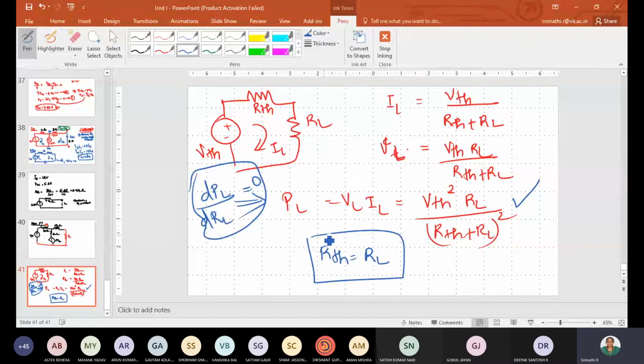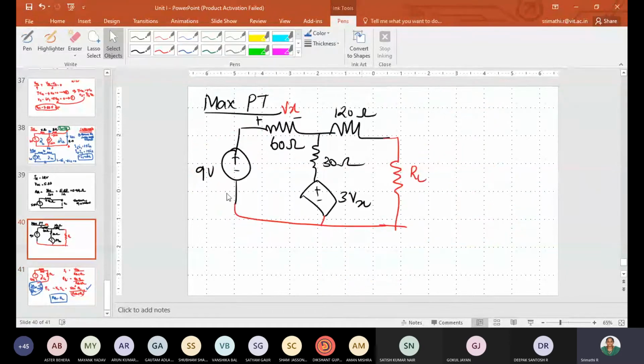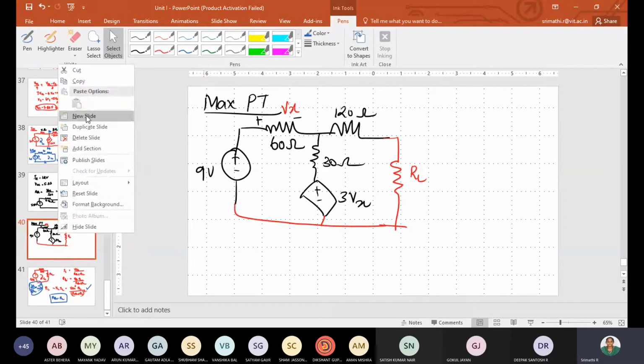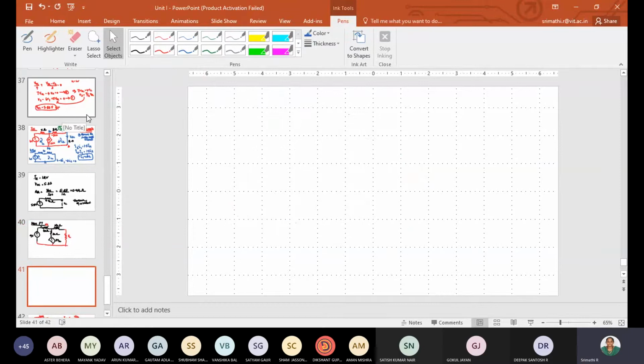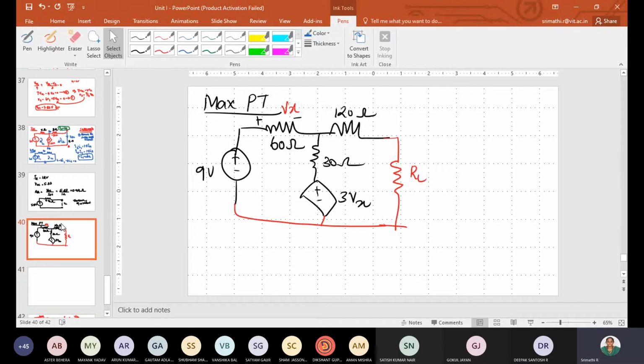Okay, RThevenin and RL. So this is what we are going to apply here. So the first step again, this is a circuit with both independent and dependent sources. So we need to find both VOC and ISC.